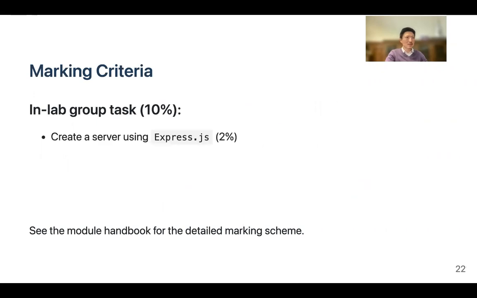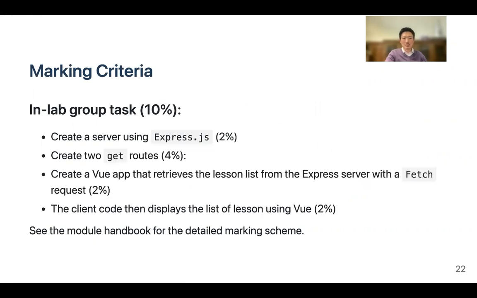Okay, and in terms of the marking criteria, 10% for the group task, there are some specific requirements. You need to create a server using Express and create some routes, which I will explain later.